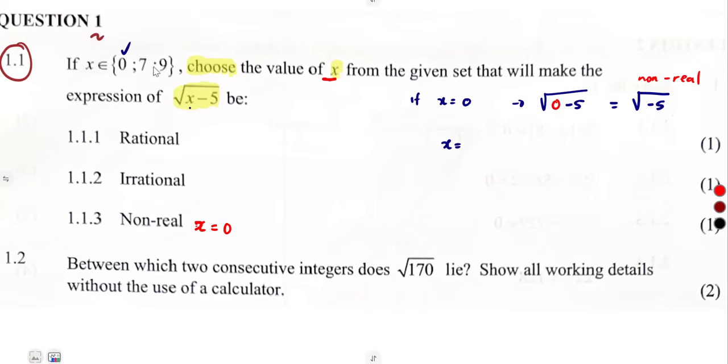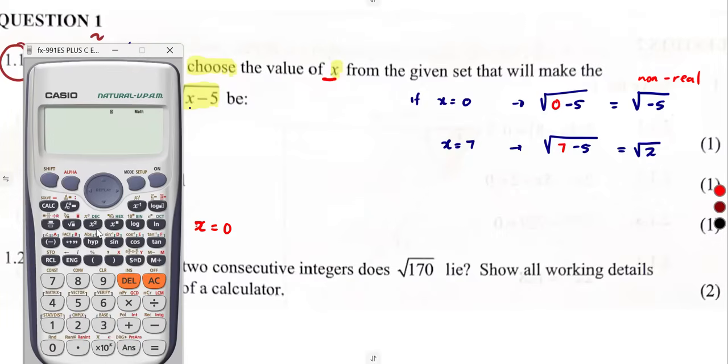If x is equal to 7, our x is 7 this time. So let us substitute into our expression the square root of x minus 5, which is 7 minus 5, that is 2. So it's going to be the square root of 2. So guys, the question is, can you determine the square root of 2?